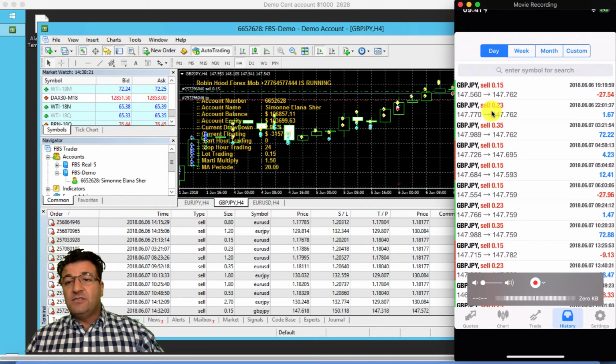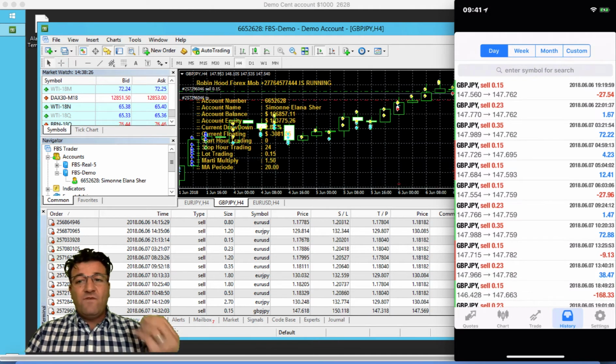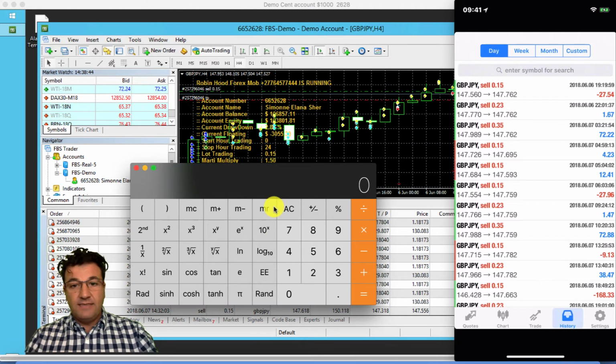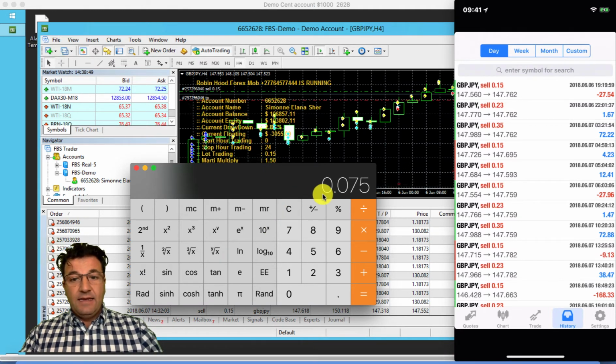The next trade that it takes is 1.5 times the amount of the last trade. The last trade was 0.15, so let's get a calculator. 0.15 divided by 2 equals 0.075.